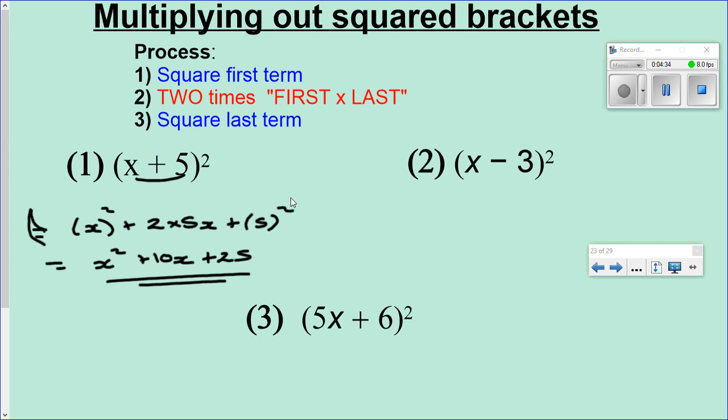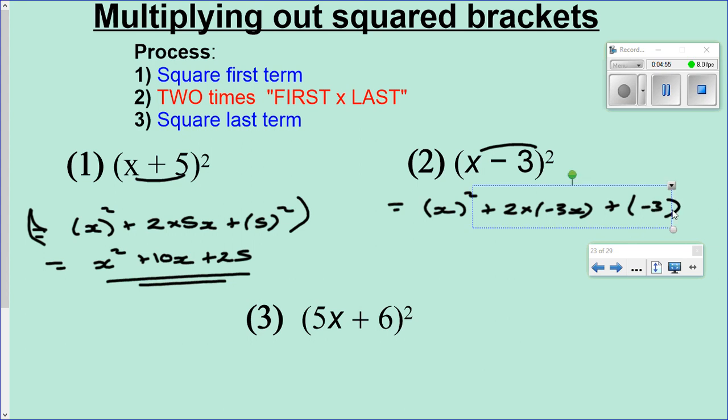Now, I'm going to show you this line of working, but you don't actually have to put it in. So we're going to square our first term, so in this case, again, x. Then we're going to do 2 times the first times the last. So in this case, our first times our last is minus 3x. So it's going to be 2 times minus 3x. And then we're going to do minus 3 all squared.